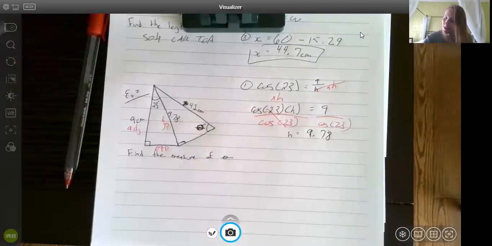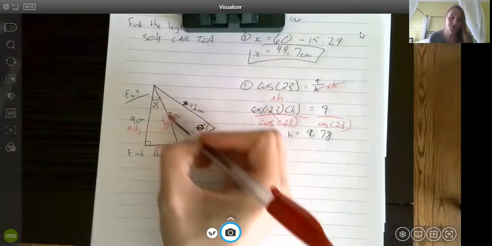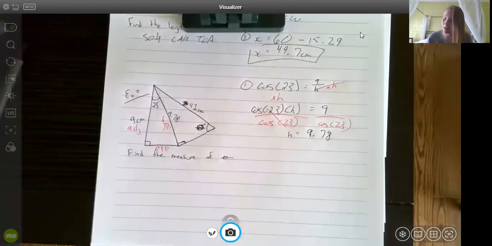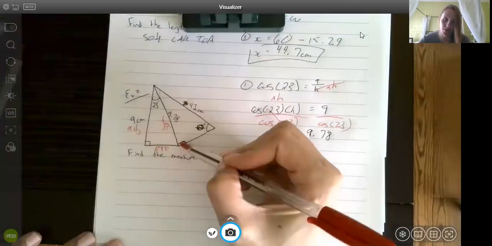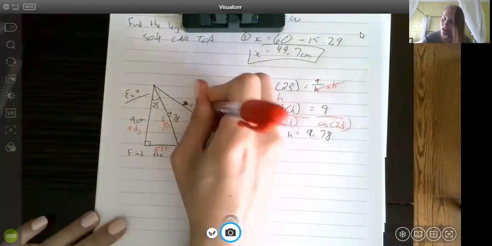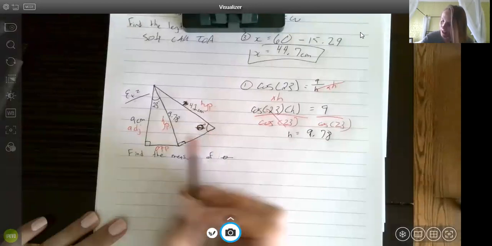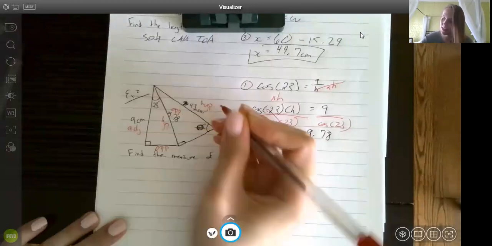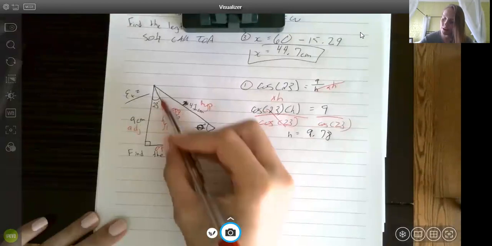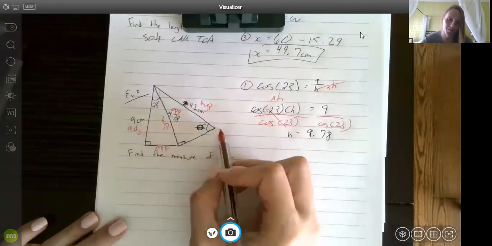Now I can move on to my second triangle. And for this, once again, I need to start by labeling my sides. So across from the right angle is my hypotenuse. Across from the angle that I'm dealing with is the opposite side. So even though this 9.78 was a hypotenuse for my first triangle, it is no longer a hypotenuse for my second triangle.